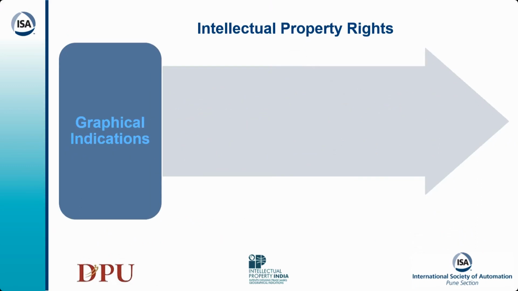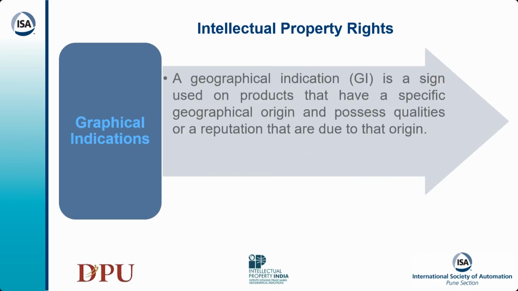Next is geographical indications. A geographical indication is a sign which is used on products that have a specific geographical origin, and it possesses qualities or a reputation that are due to that origin. This is very important.